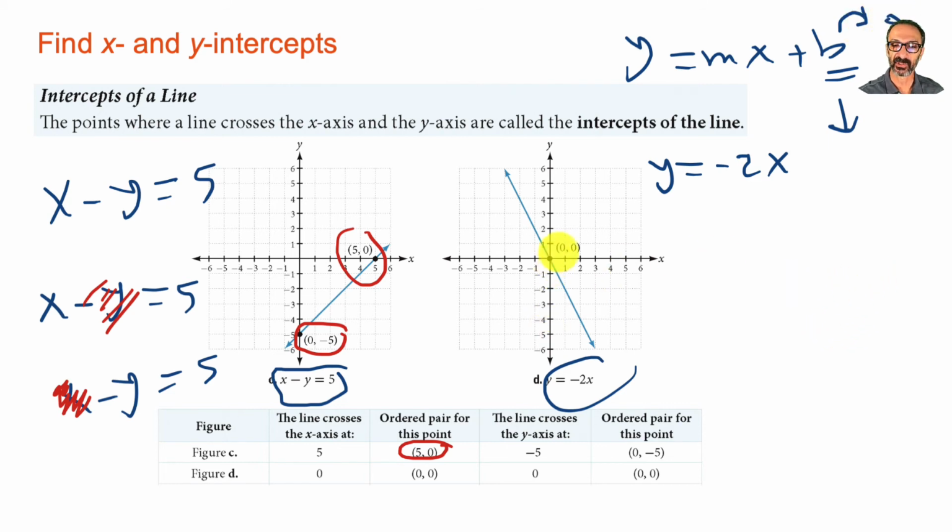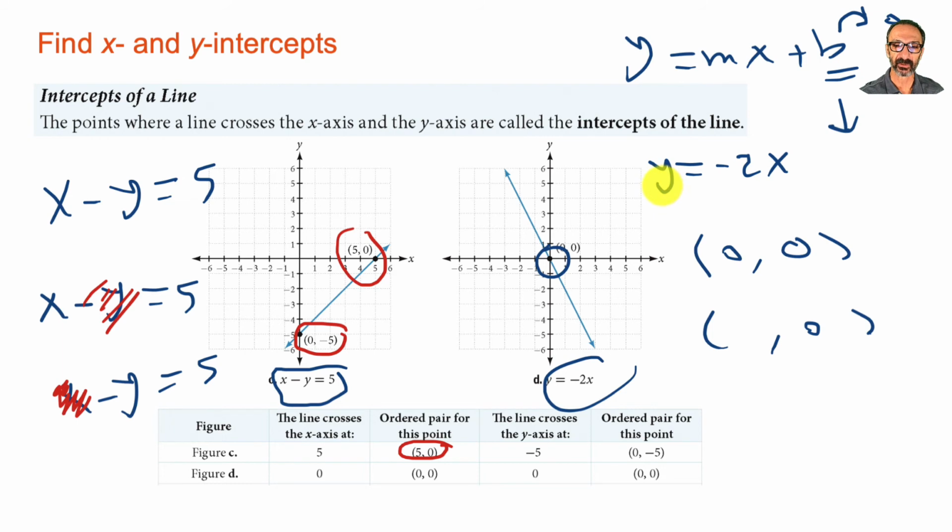The y-intercept is 0, and that confirms. You see that? Without graphing it as x and y-intercept, if you want to find them, you plug in 0 for x, and once you plug in 0 for y. If x is 0, negative 2 times 0 is 0.